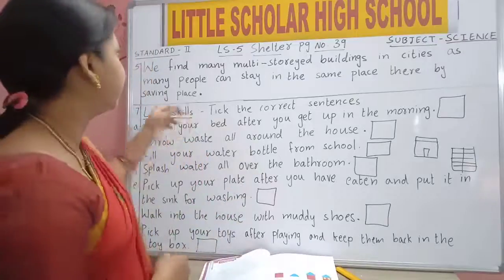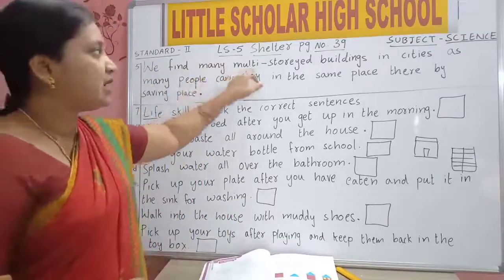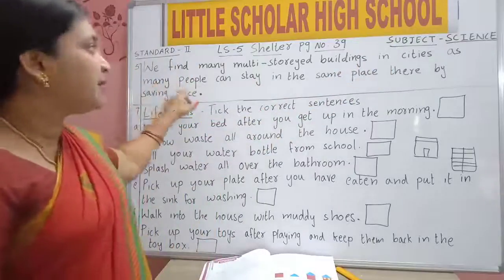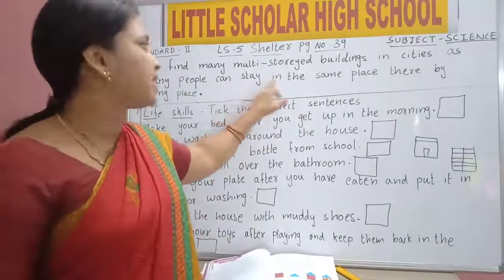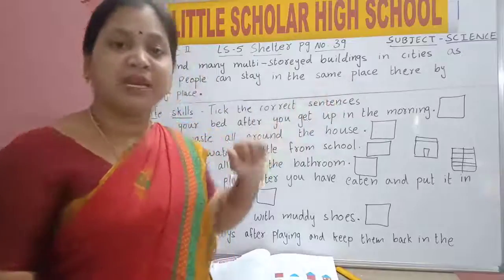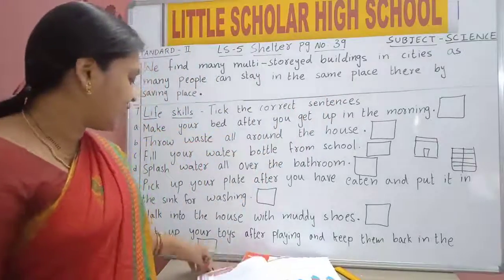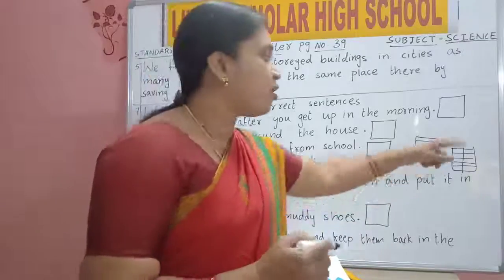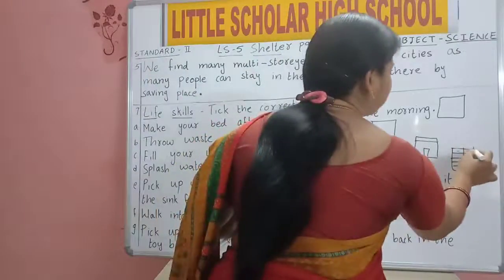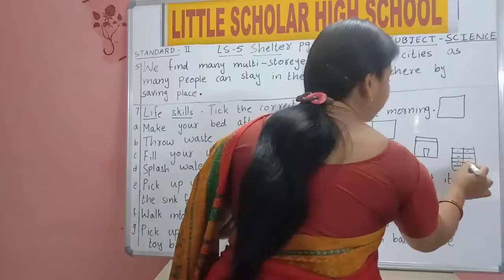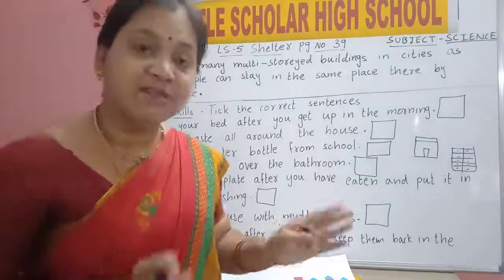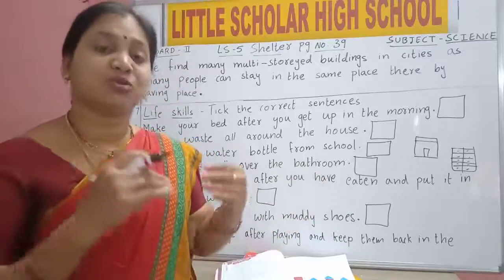See here, we find many multi-storied buildings in cities as many people can stay in the same place. Here in this independent house, one or two families can stay. Here how many houses are there? One family, 2, 3, 4, 5, 6, 7, 8, 9, 10. Ten families can stay together, or 20 families, 25 or 30.